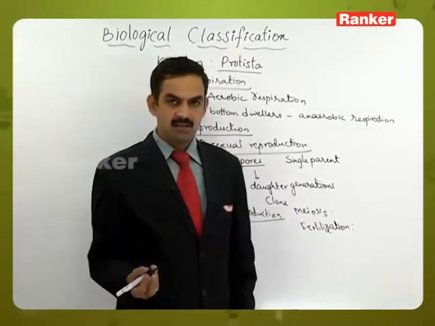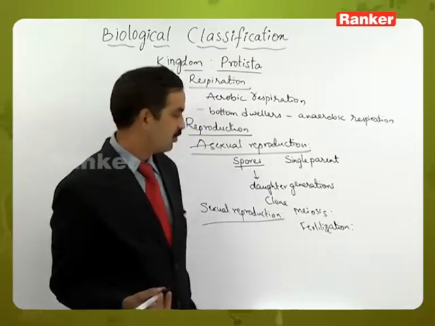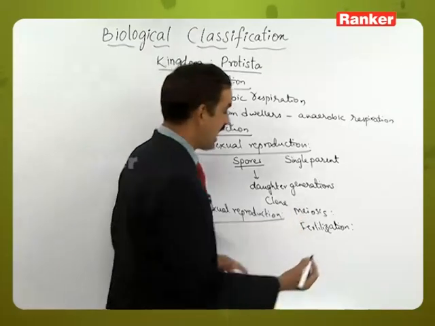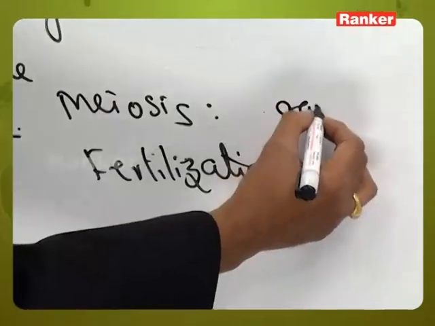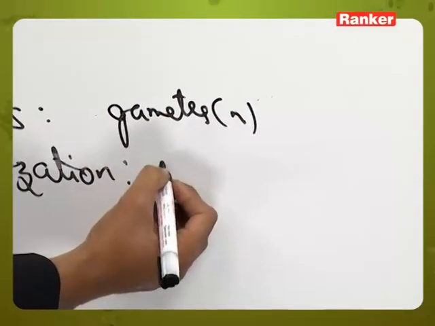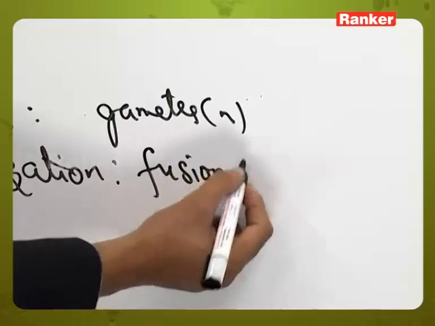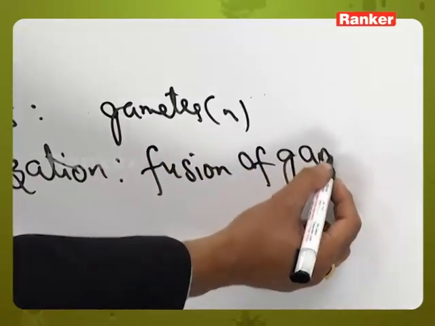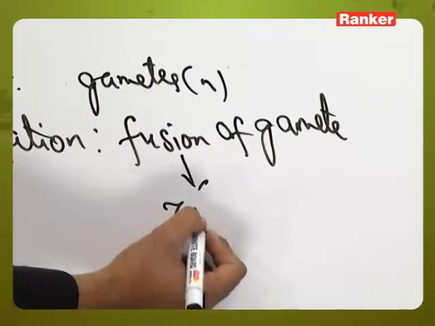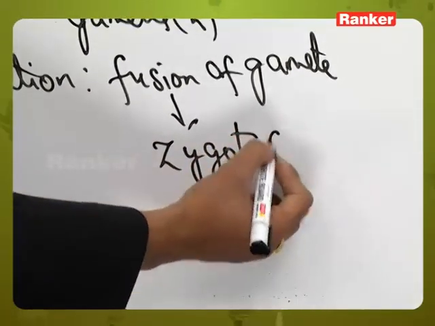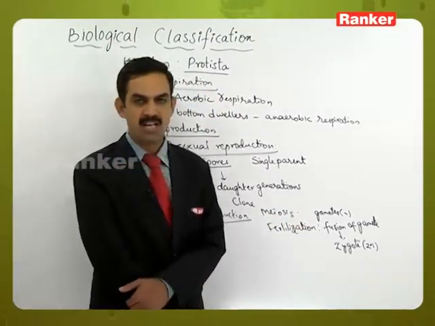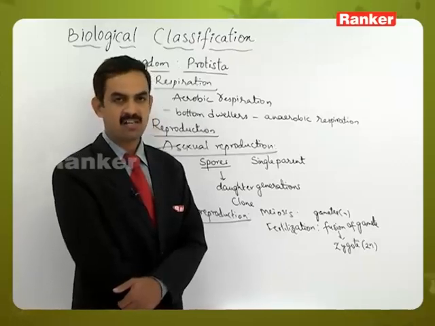So, the diploid structures will undergo meiosis to produce the gametes, and the gametes will generally be haploid in their condition, and these two gametes will participate in the fusion. The fusion of haploid gametes will take place. When the two haploid gametes are fused, it results in a structure called a zygote, which is a diploid structure, and the fusion of the two gametes, that is male and female gamete, is called the fertilization process.